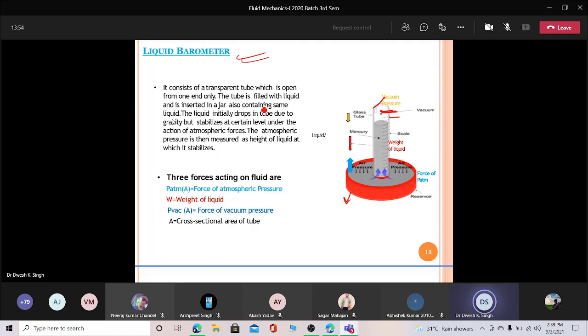But for water you have to maintain a very large tube length, like 10.3 meters.